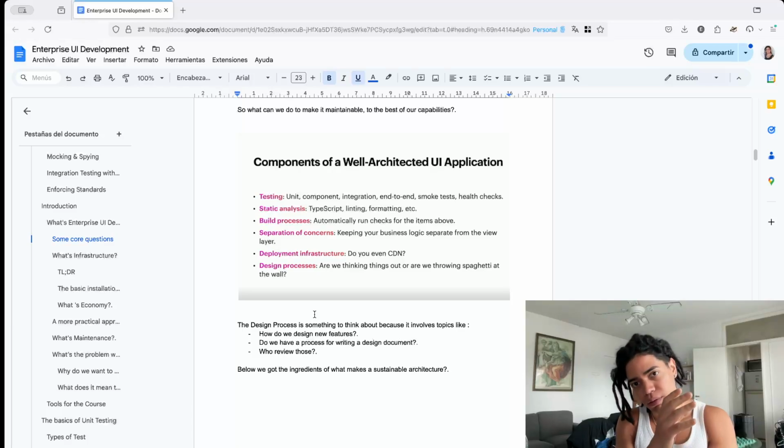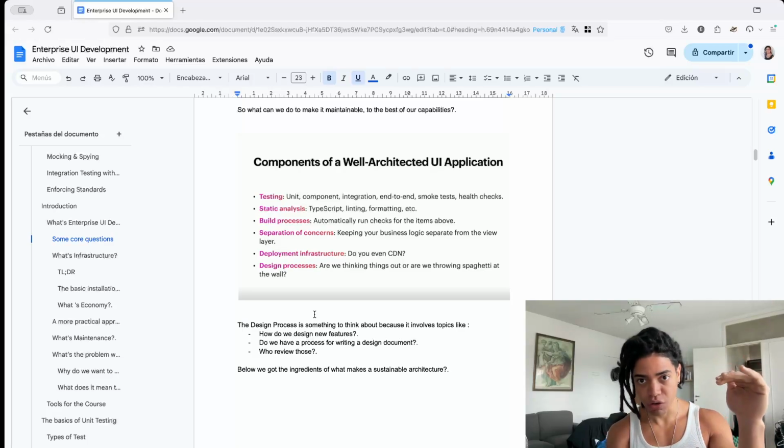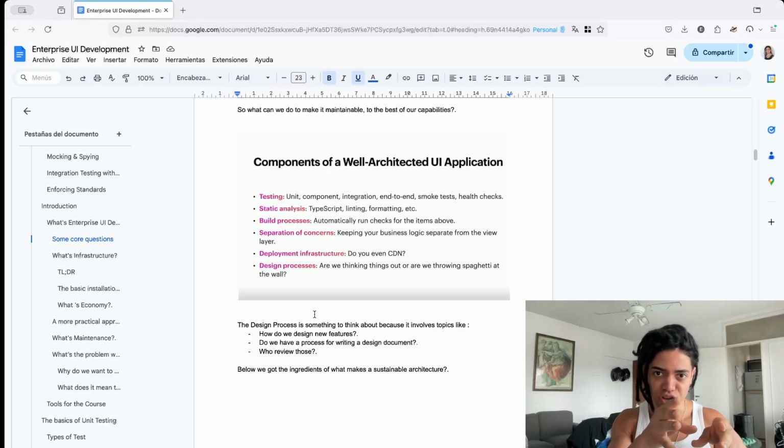So what are the typical problems that we need to come up with solutions for? For example, when we need to lay out the infrastructure, how can we do that? What is the project folder structure that we need to follow, especially when we build this user interface for our clients?